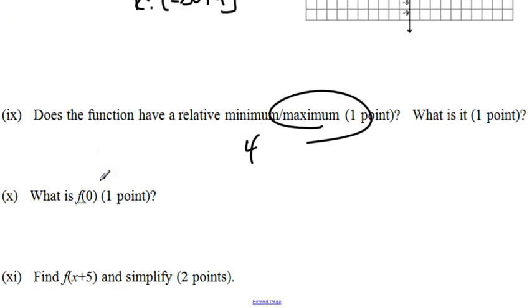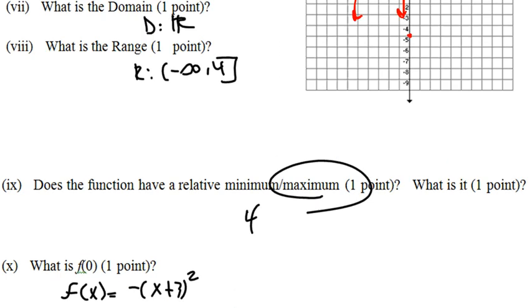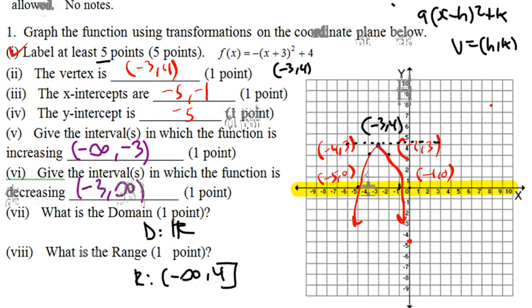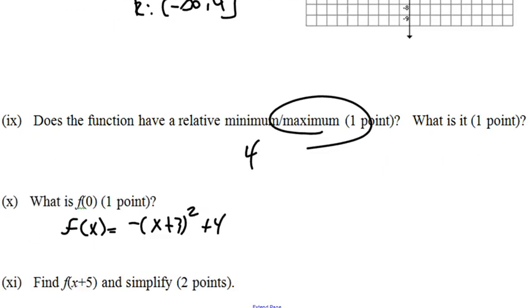And what is f of 0? That just means replace x with 0. So my function again was f of x equals negative (x plus 3) squared plus 4. So f of 0 simply means replace x with 0. So negative (0 plus 3) squared plus 4. Well, 3 squared is 9, right?